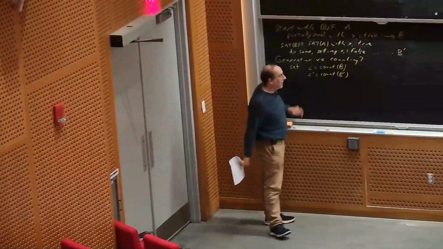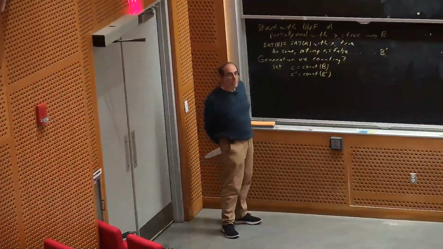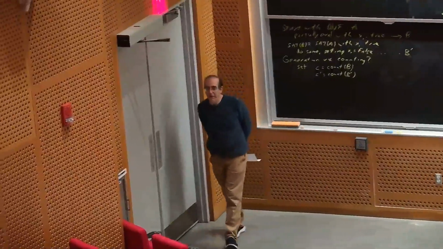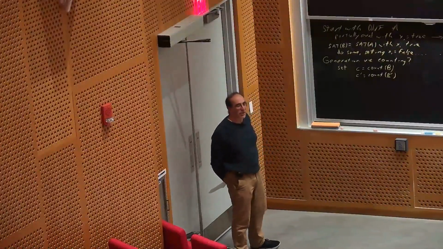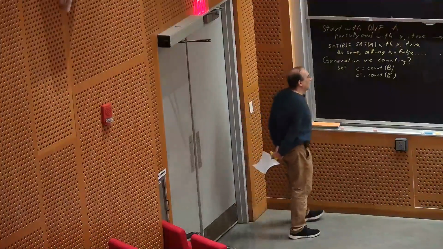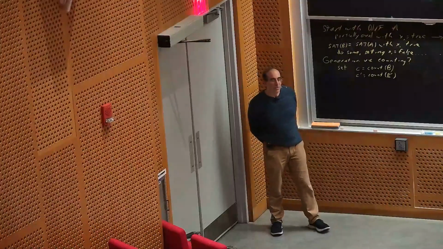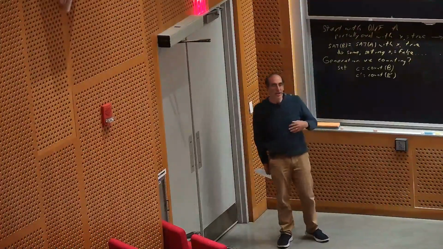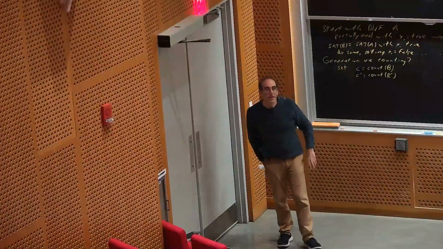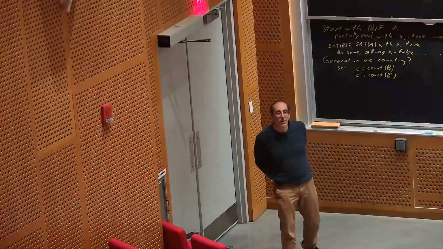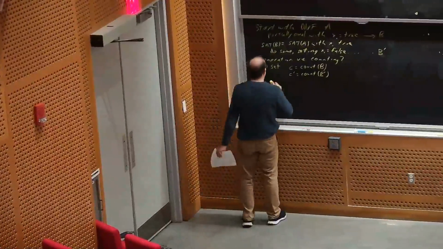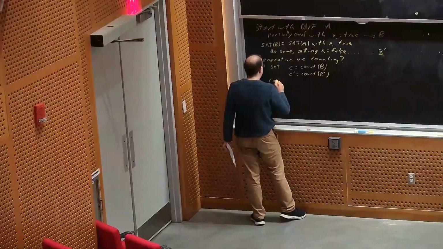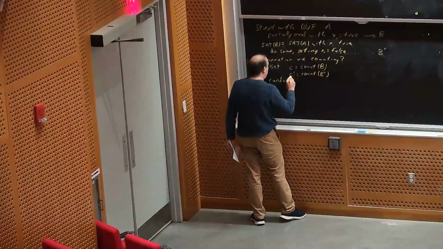Suppose, for example, that C prime was 0. There are no satisfying assignments where x1 is false. What can I do to move towards generating a satisfying assignment? Yes? Exactly. You answered the general question, but I'll go there.